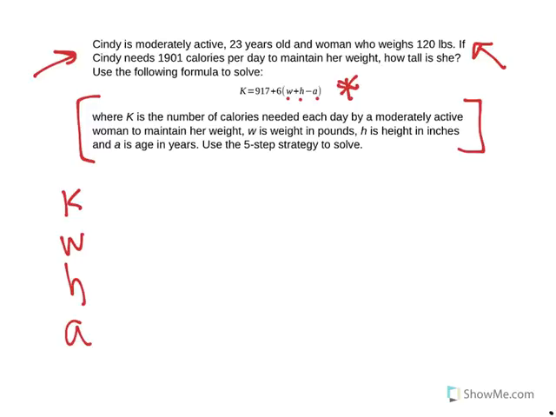Here we can see that K is the number of calories, so we're looking right here. K is the number of calories needed each day by a moderately active woman to maintain her weight. In the problem you can see that it says Cindy needs 1901 calories per day.